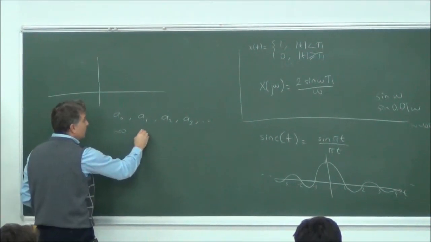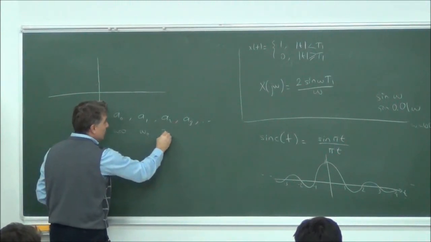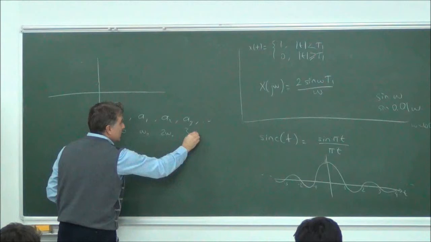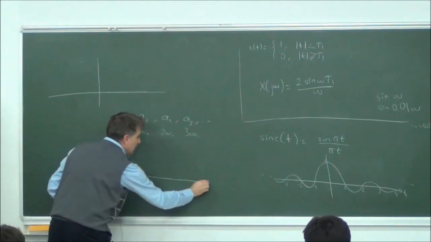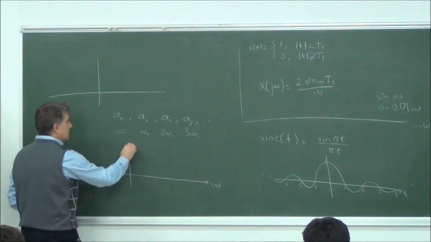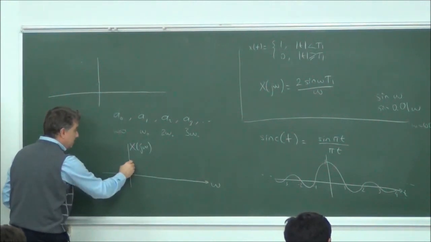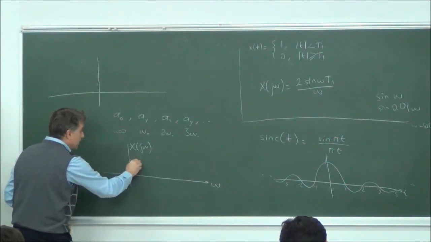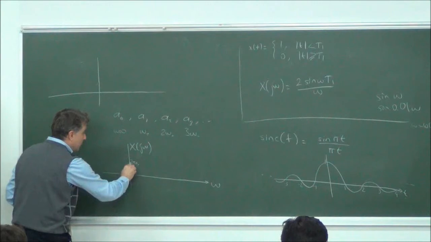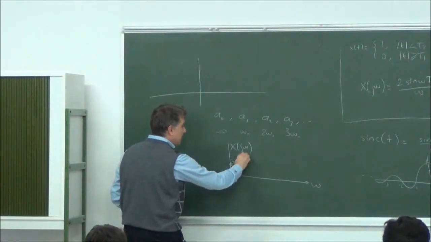This is at omega 0, the fundamental frequency. This is 2 omega 0. This is 3 omega 0. Isn't that true? Then on the frequency axis, you draw X of j omega like this. a0 is this much. Multiply it by 2 pi and put an arrow here. This is 2 pi a0.